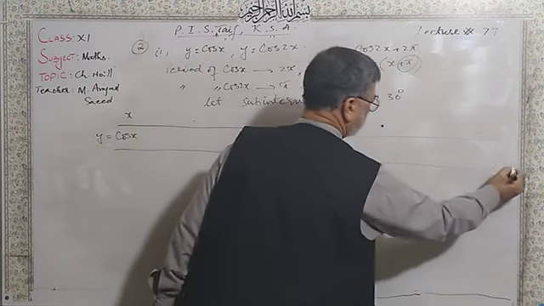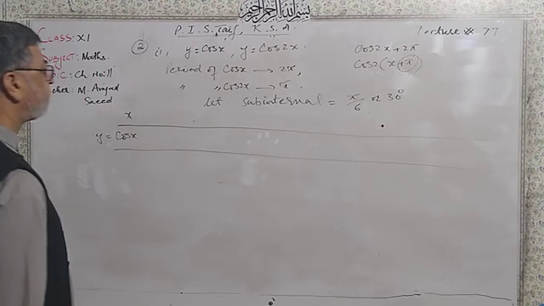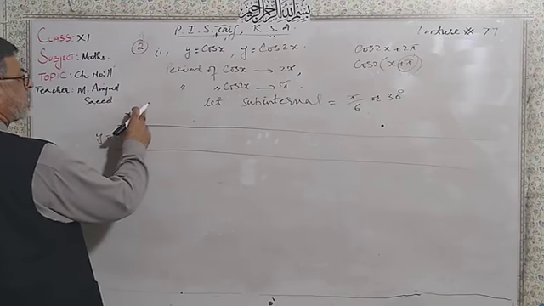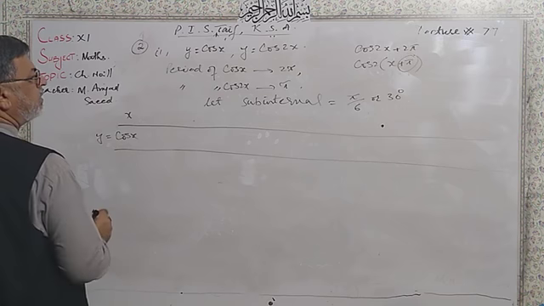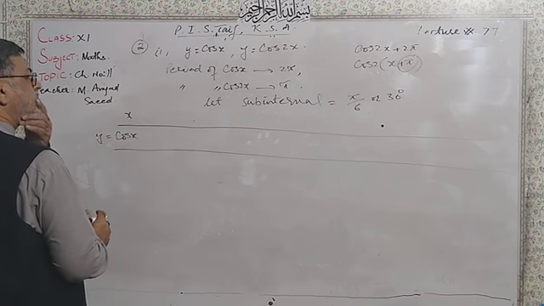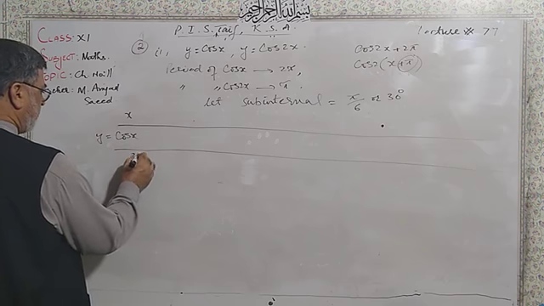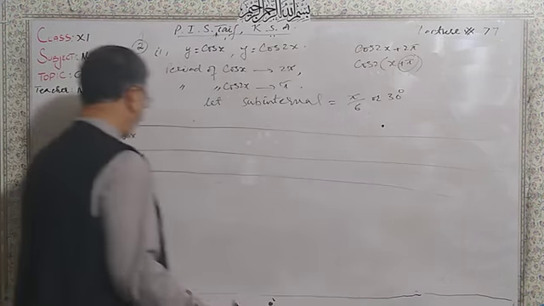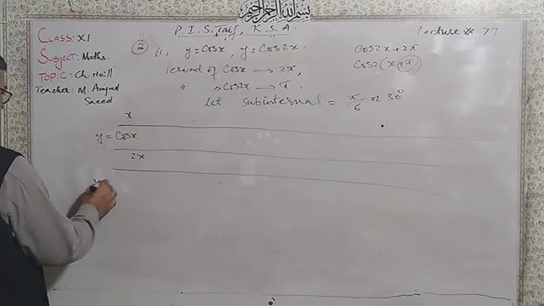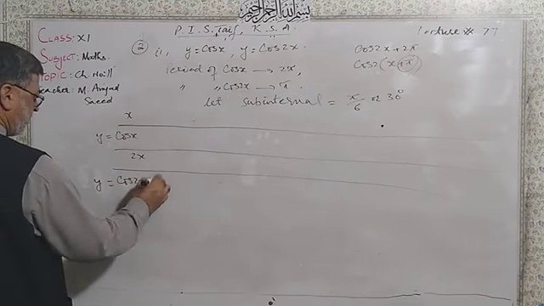Then x, and after that 2x, cos 2x. Then we have y is equal to cos 2x.